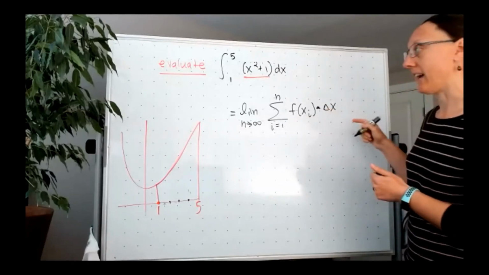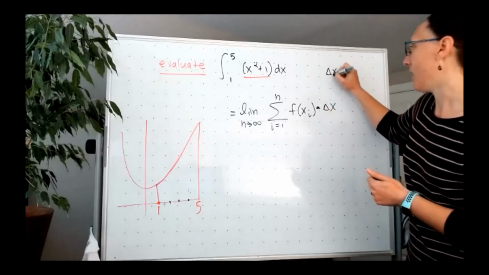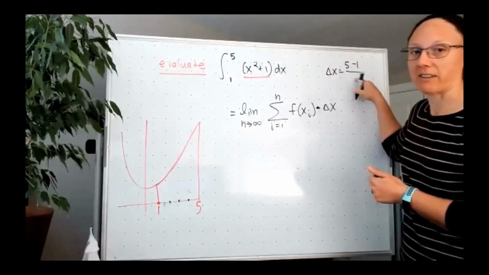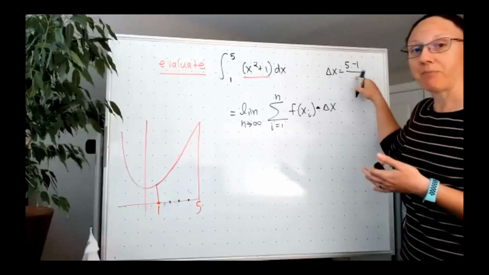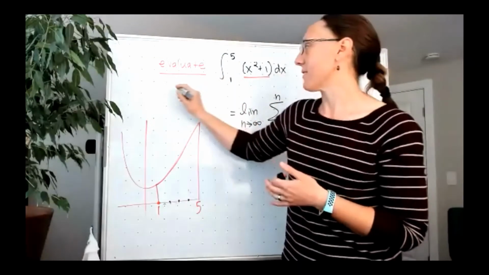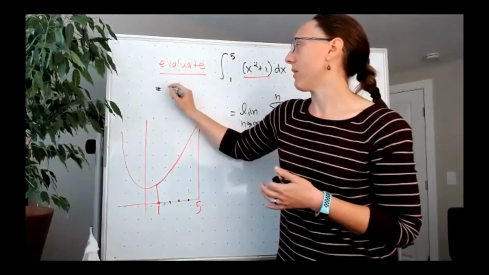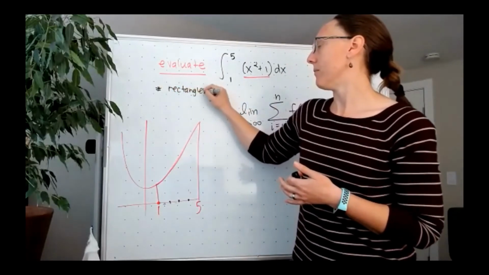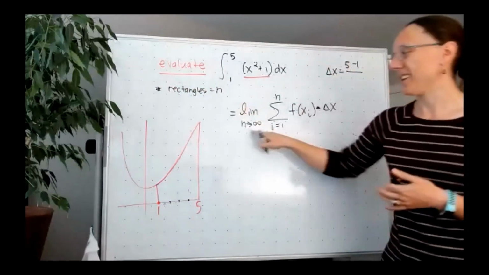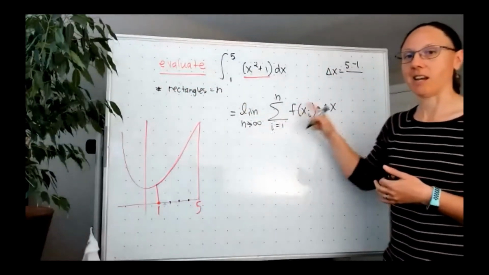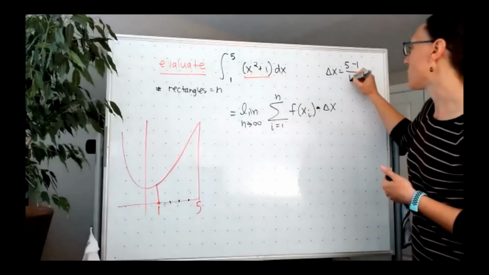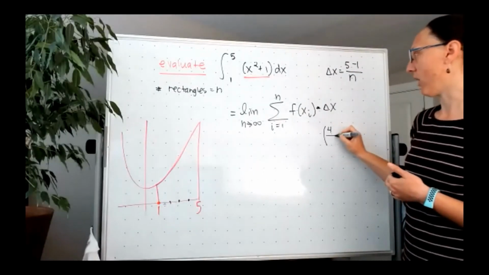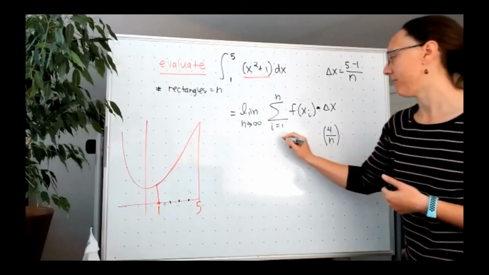So for my delta x, I'm going to find that by doing 5 minus 1 divided by my number of rectangles. If we're evaluating this, we're going to let the number of rectangles be equal to n, then take the limit as n approaches infinity. So right now, my number of rectangles is n, so I'll swap out that delta x for 4 over n.